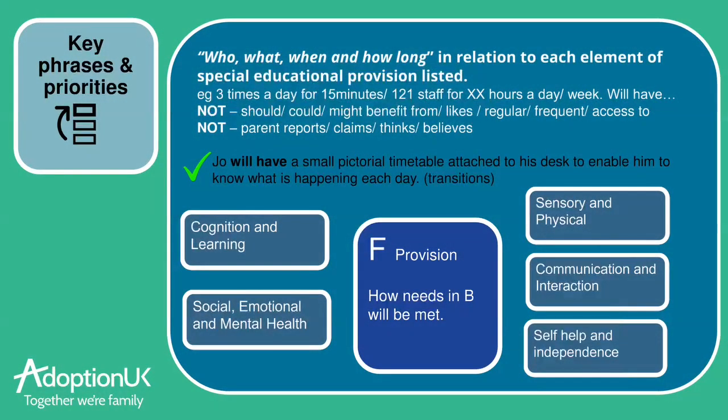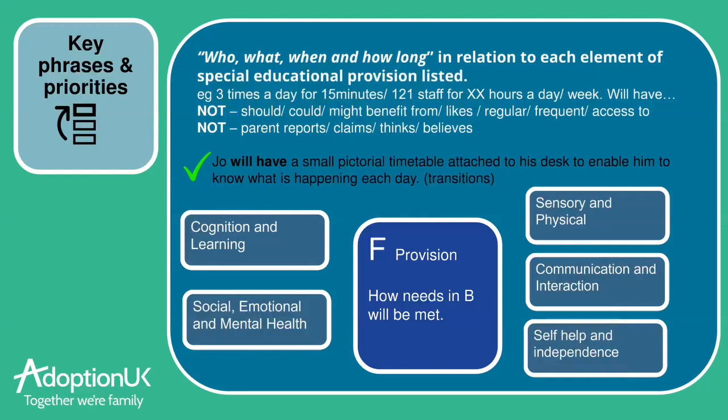Okay, so let's have a look now at some key phrases and priorities. When we look at section F, it's all about how the needs that are written in B are going to be explained.